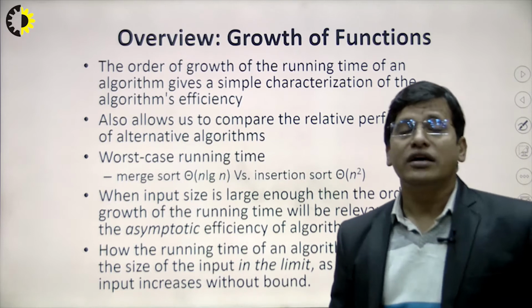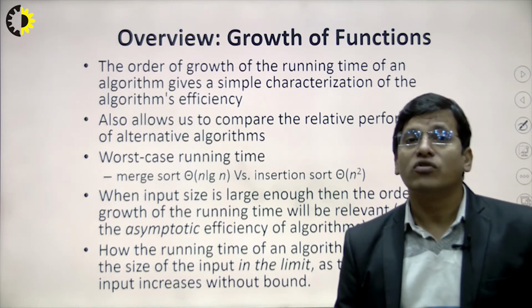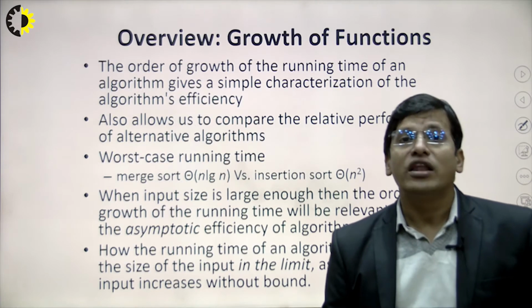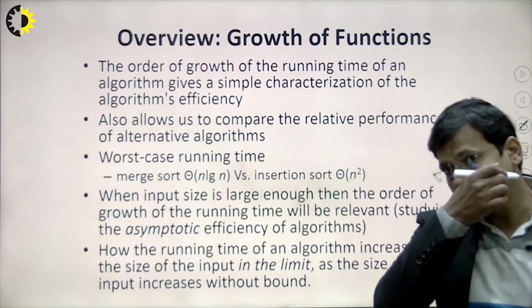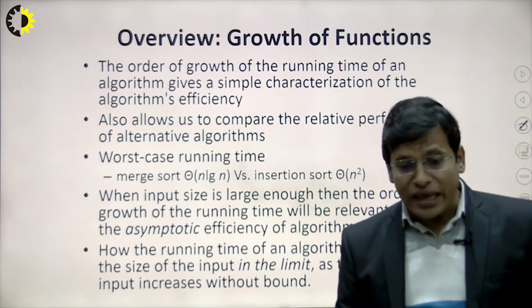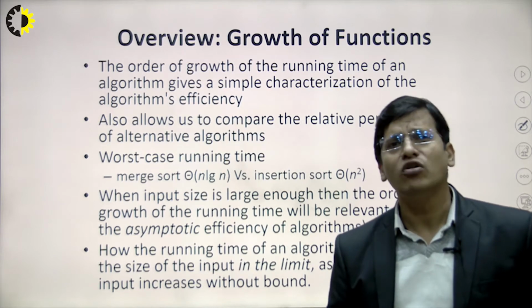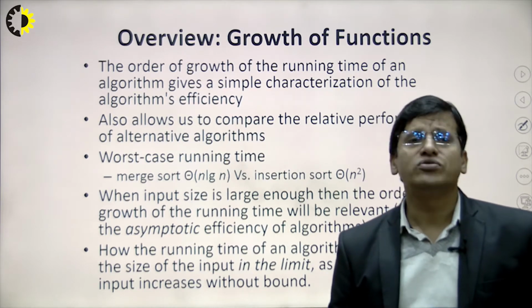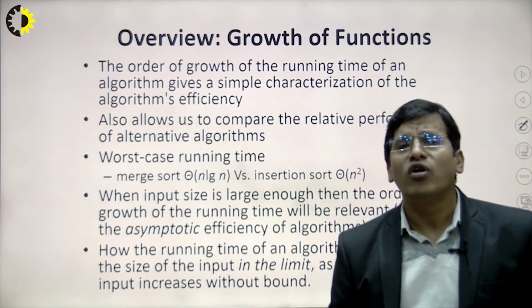We can also compare the growth of function with some other alternative algorithms, like insertion sort. There are lots of sorting algorithms, like insertion sort, merge sort, and heap sort. But how can we compare the performance of these algorithms?